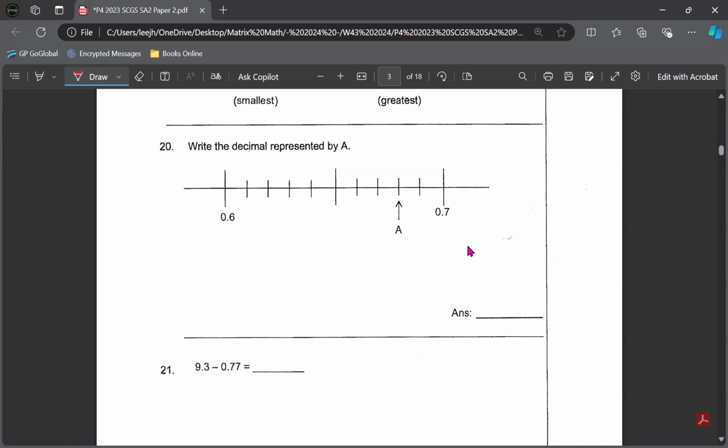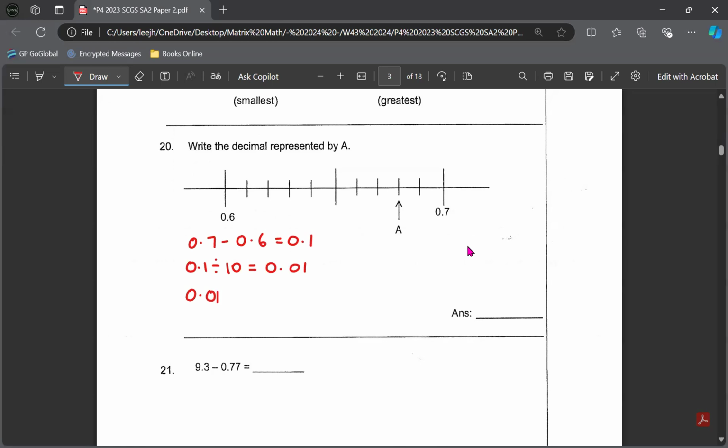Okay. Question 20. Write the decimal represented by A. If you look at this scale, reading number scale or decimals here, there's a difference of 0.1 because 0.7 minus 0.6 is 0.1. And there are 10 markings. So which means one marking will be 0.1 divided by 10, 0.01. A is on the 8th marking.